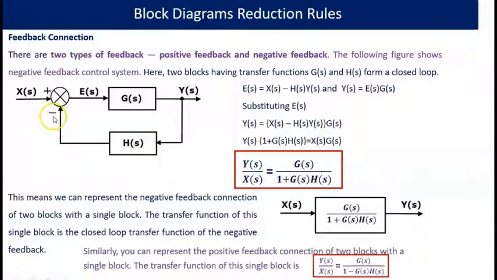Please note that here it is a minus sign, so in the expression it is 1 plus: Y(s)/X(s) is equal to G(s) divided by 1 + G(s)H(s). So remember this expression. It's a very useful expression.